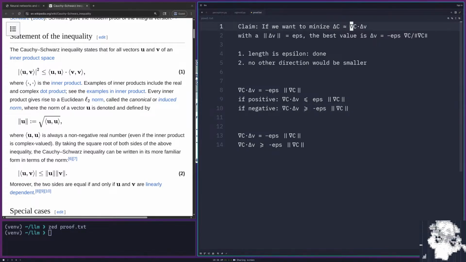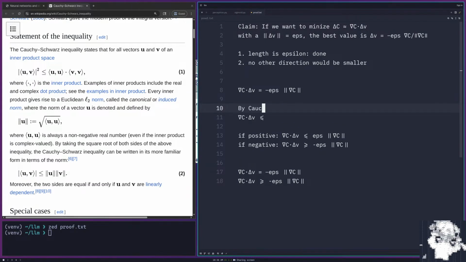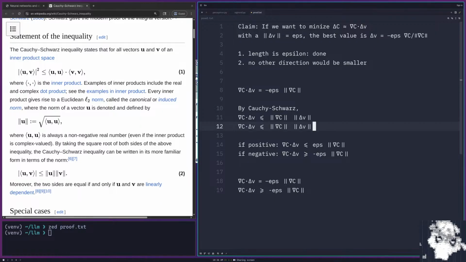Let me just write it one more time. So this is less than or equal to, by Cauchy-Schwarz, the length of both sides. We know this is epsilon.